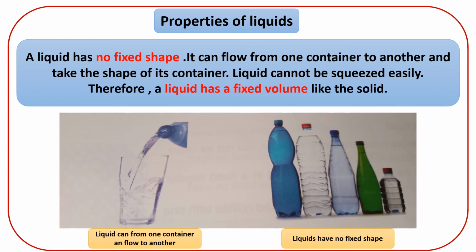Therefore, we say that liquids have no fixed shape. And they also have a fixed volume. The shape will change, but the volume will remain the same. So they have no fixed shape, but they have fixed volume. Okay? Thank you.